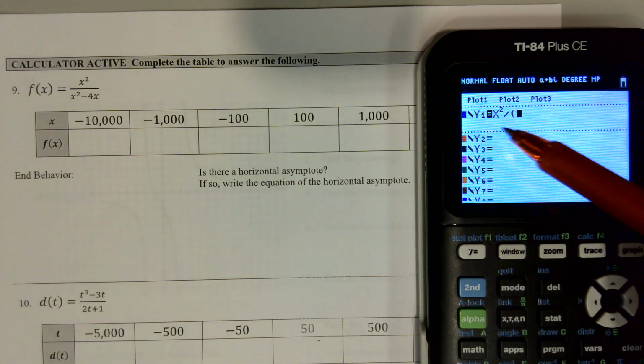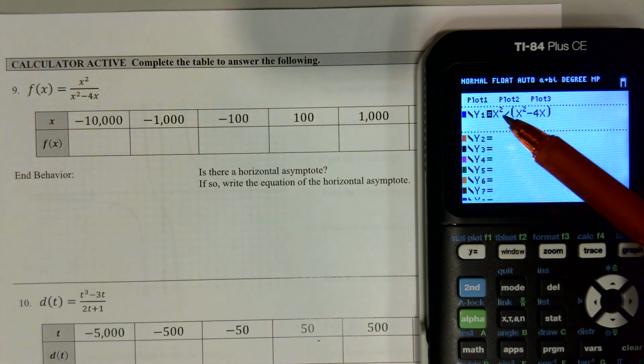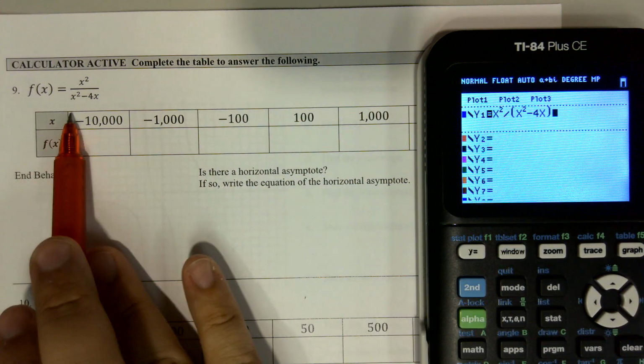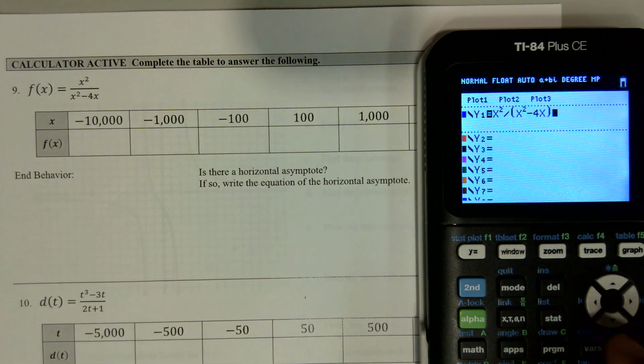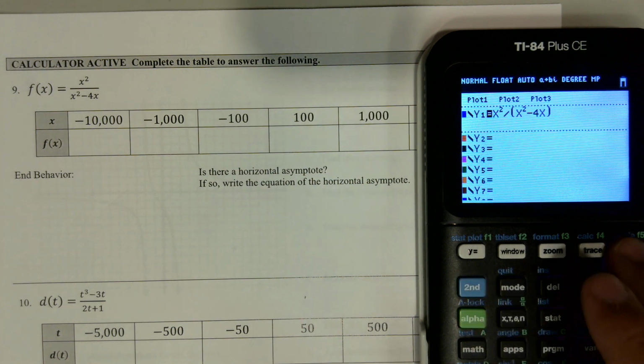So I do x squared divided by open parentheses x squared minus 4x and then close parentheses. Now we have x squared divided by everything in here, which is the same thing as what we have here. So now what we can do is go to table.